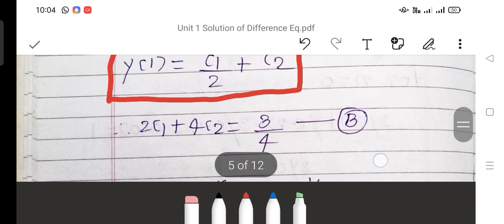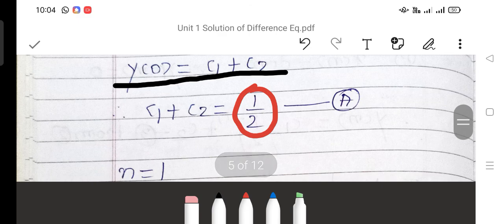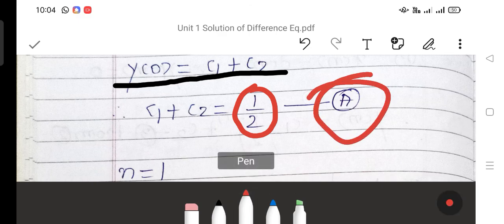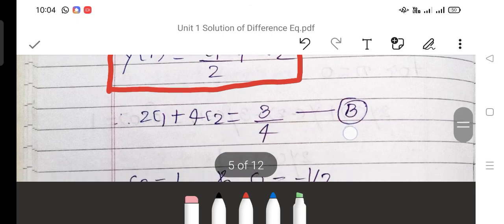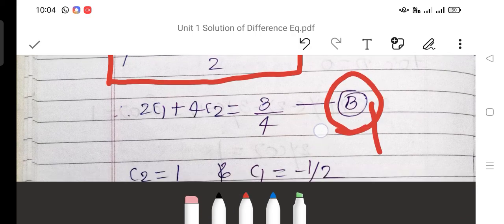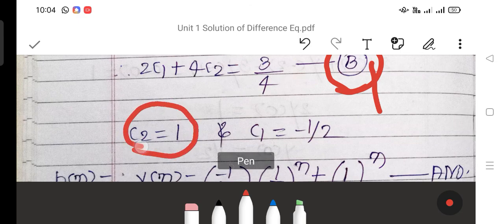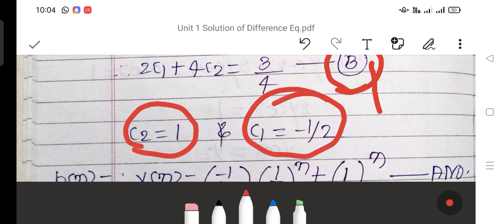After solving a and b simultaneously, both equations have to be solved together. You can use a calculator also. We obtain c2 equals 1 and c1 equals minus 1 by 2.